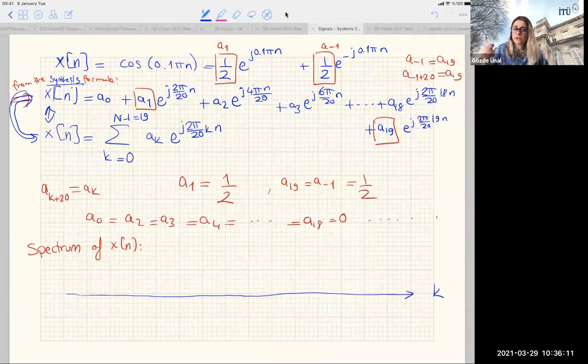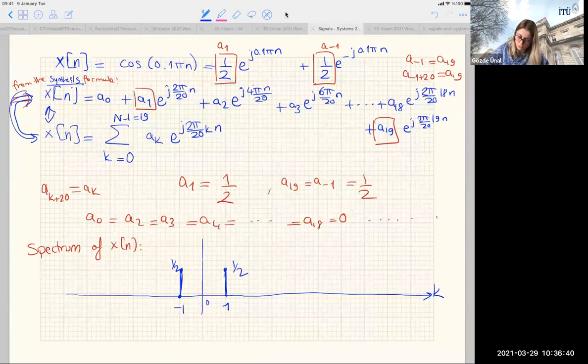K is our frequency variable now, remember, right? In the spectrum, in the Fourier basis, I can always write a K here. There is a 0 axis. I have plus minus 1 here, 1 and minus 1, by the way. They are 1 over 2. And then I need all these 0, 2, minus 2, 3, minus 3.